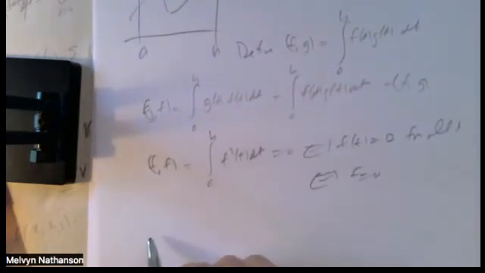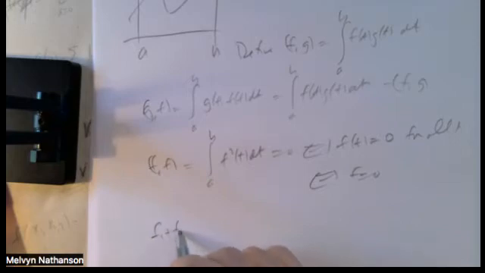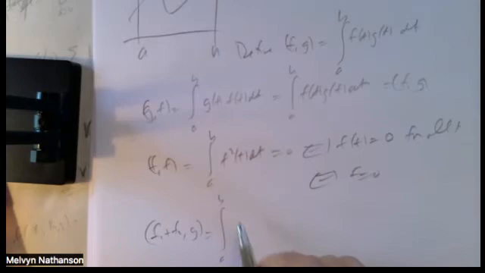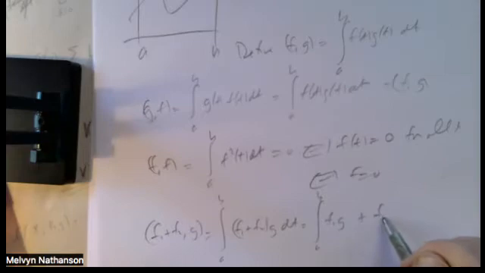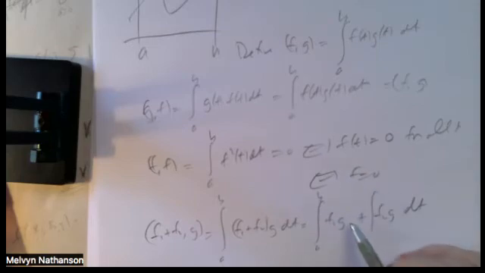If we take, for example, f1 plus f2 inner product with g, that's the integral from a to b of f1 plus f2 times g dt. That's the integral from a to b of f1g plus f2g dt. And the integral of a sum is the sum of the integrals.